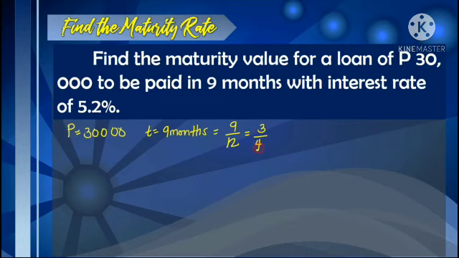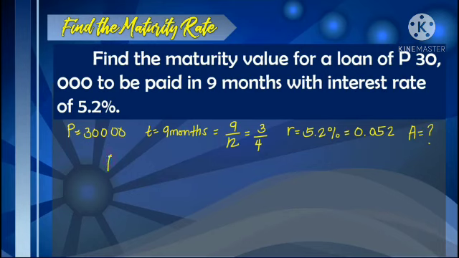So 9 over 12 is equal to 3/4, and R, which is 5.2%, or in decimal we have 0.052. And what we are looking for is the value of A, the maturity value.